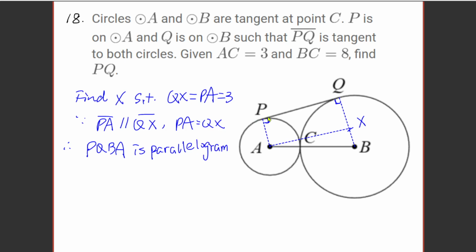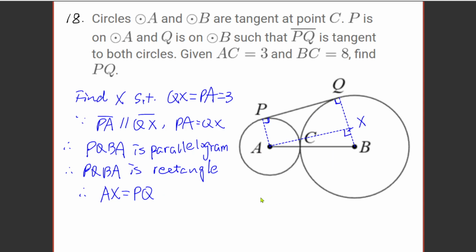Also, because one of the internal angles is 90 degrees, parallelogram PQXA is actually a rectangle, right? And therefore we have AX equals PQ. And therefore, as long as you can find AX, then you can find PQ.